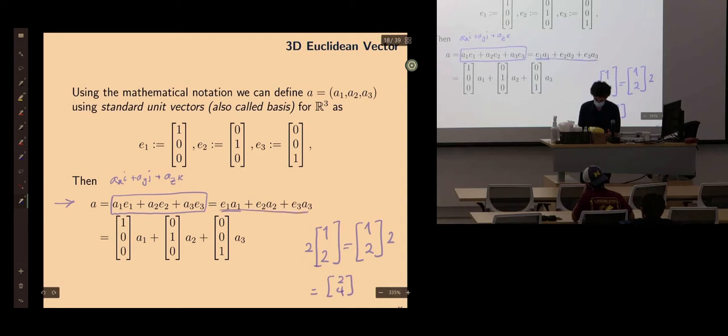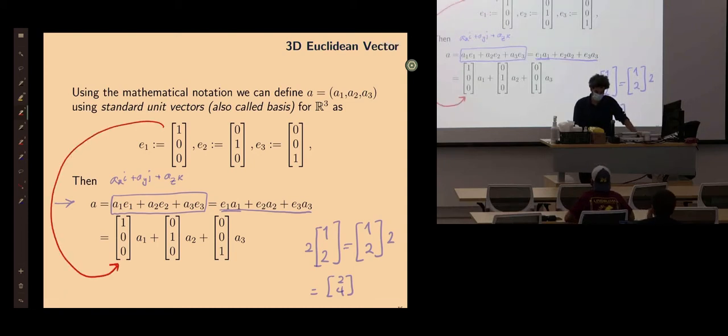So I'm also free to move A1, A2, and A3 to the other side of the vector. So I have the unit vector E1 times A1 plus E2 times A2 plus E3 times A3. I'm just manipulating lots of terms without creating anything here.